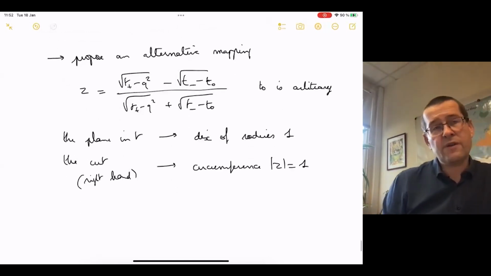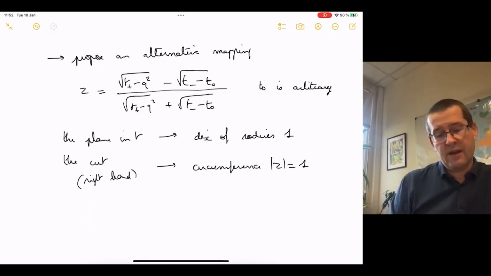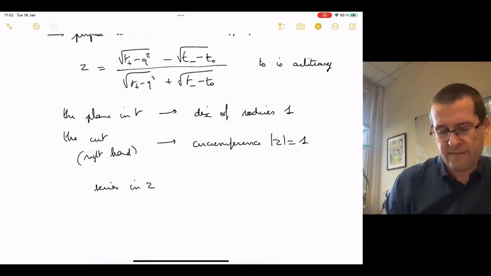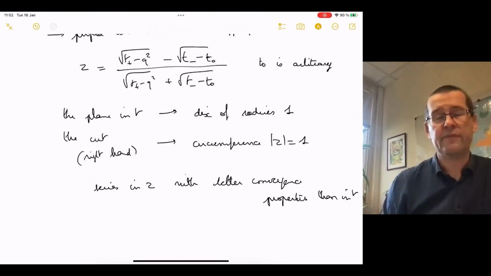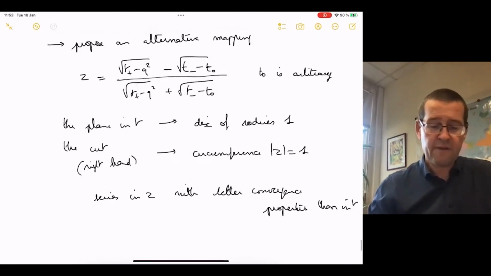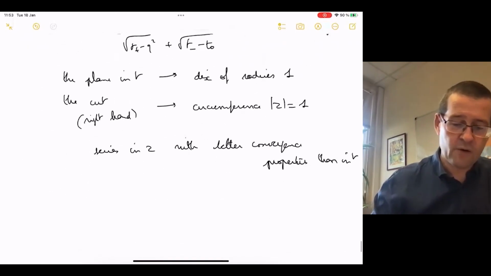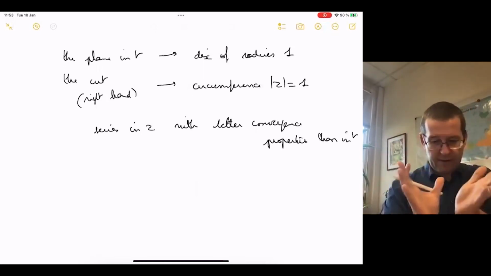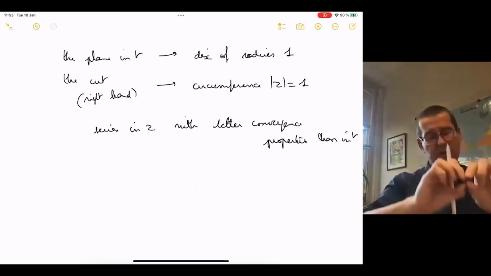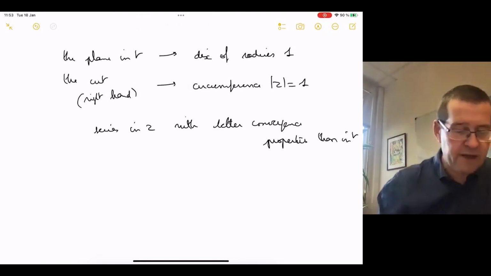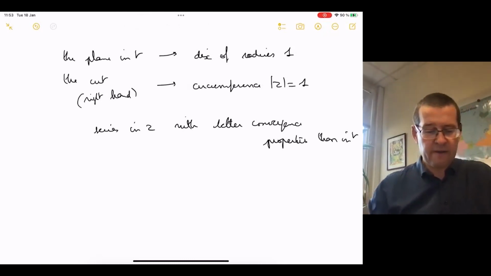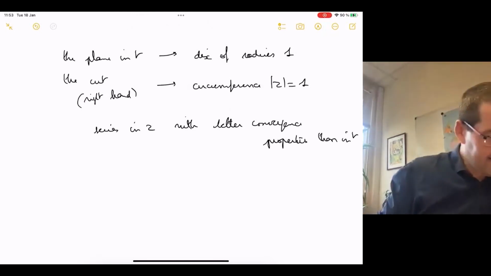And so now you can imagine writing a series in z with better convergence properties than in t, just because you're not going to hit the cut in the same way. Actually, you can hope to map the whole plane inside, and then just the circumference would be the problematic region, but it's far away from the center where you start the expansion, in order to have difficulties with the unitary cut.